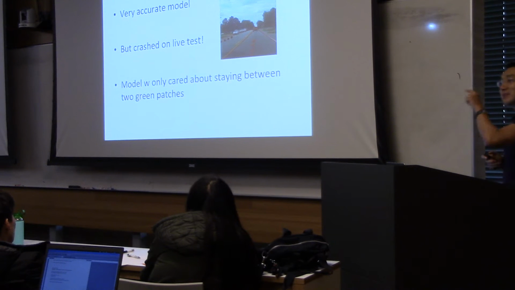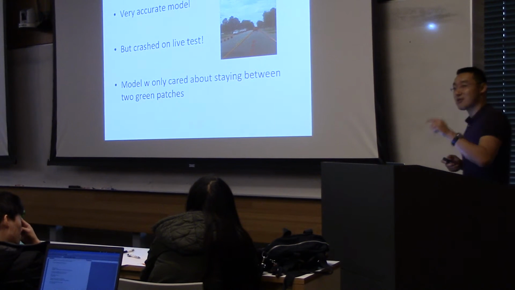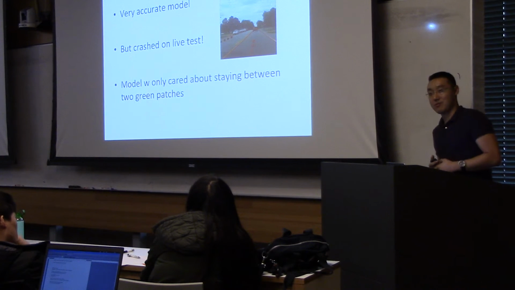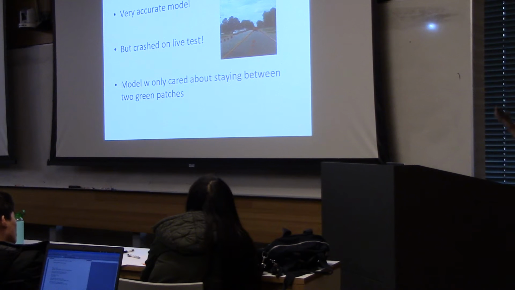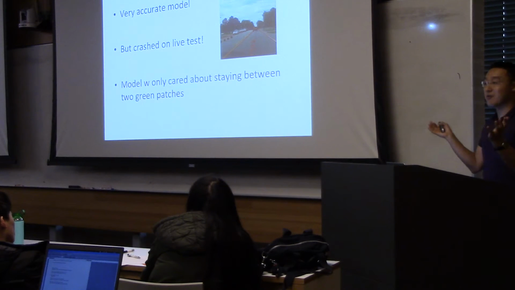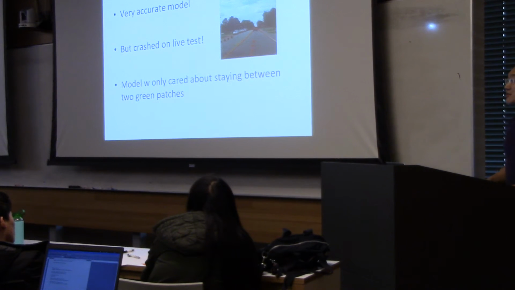The training set was collected only on roads that had grass on either side of the road. And so as soon as you tested this on a road that did not have grass on the two sides of the road, the algorithm had no idea what it was supposed to predict, left, right, whatever, and it just veered off and crashed.